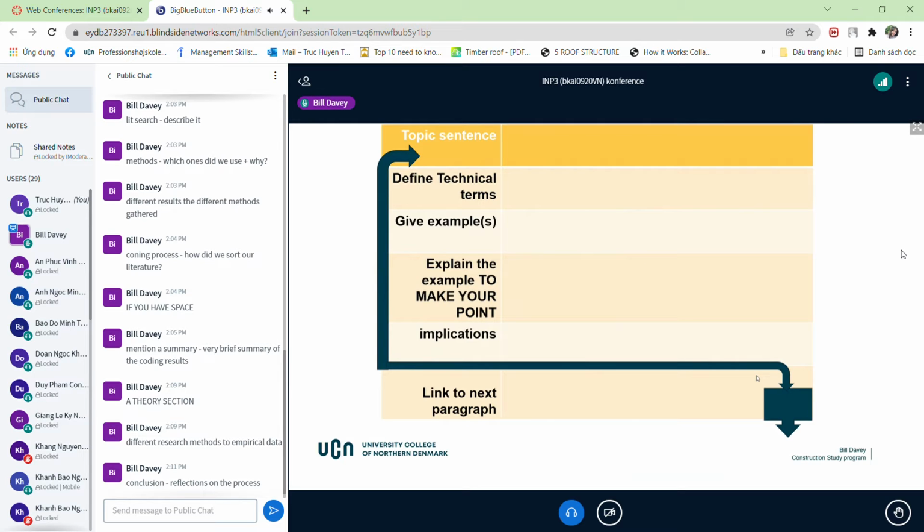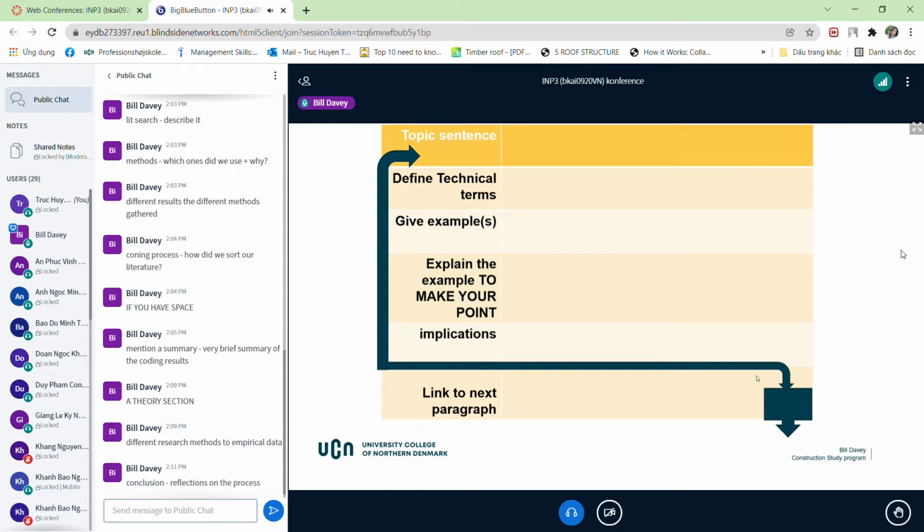What does this excellent material mean for sustainability in the future? That is the implications. And then you write your link sentence. So maybe in this case, you link from one material to another material. Maybe we link from FSC wood to the use of bamboo in floors as a sustainable material.